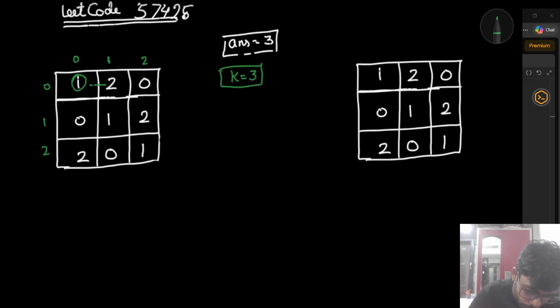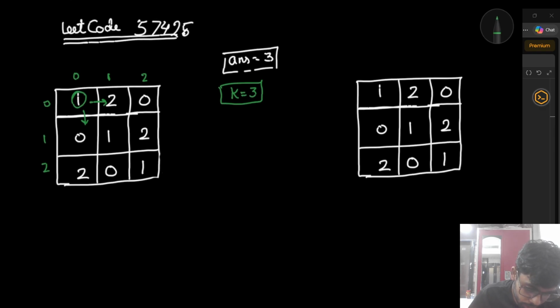Either I will move right or I will move downwards. In every cell, I will have two choices. And when I move to the right, if the value is 2, then the score will be incremented by 2, and this k value will be decremented by 1, like the maximum cost.